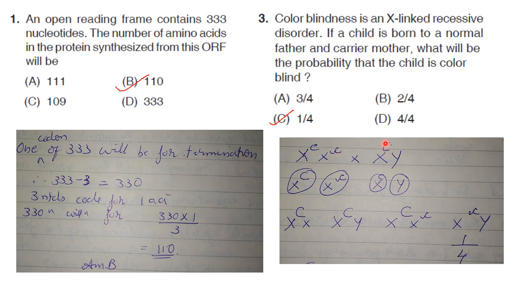So this is the normal father, X capital C, Y. These are the gametes and these are the offspring that are born. Out of these, one is carrier and the other will be colorblind and the other two will be perfectly normal. So 1/4 of the children will be colorblind. So the answer is option C, that is 1/4.